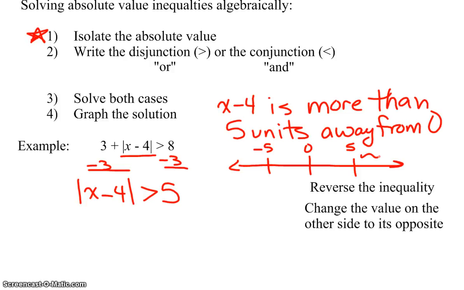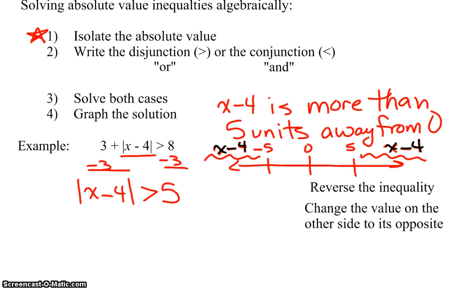So all of my numbers for x minus 4 have to be out here to the right of 5. And all my numbers for x minus 4 have to be to the left of the negative 5. Let me make that a different color so it doesn't look like a part of the number line.